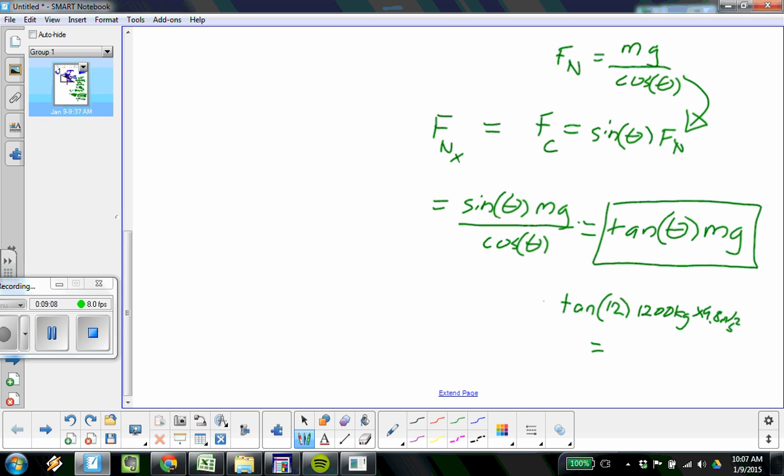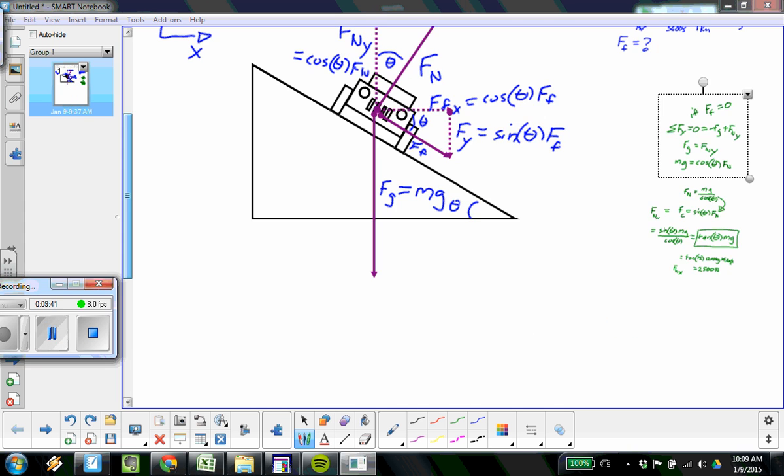That would give us a value of 2,500 newtons. 2,500 newtons acting towards the center. This would be the normal force in the x direction, which can be the centripetal force. So that's basically the force available from the normal force acting towards the center.